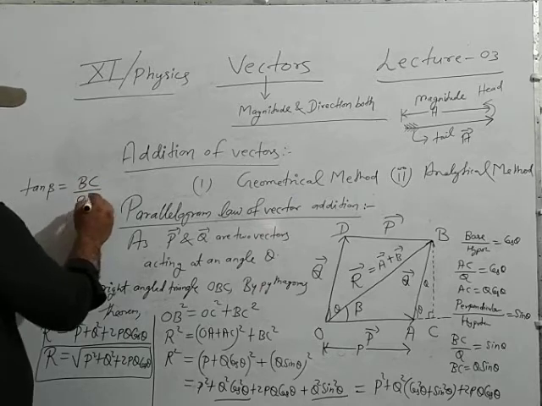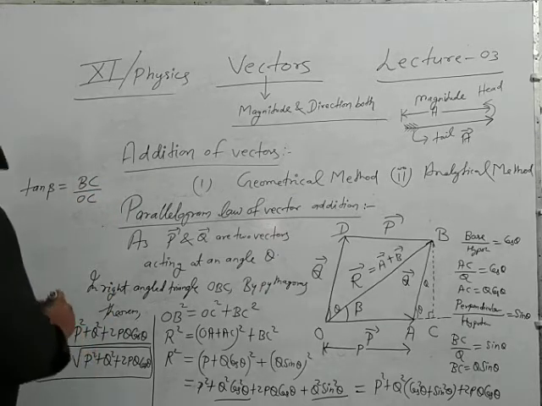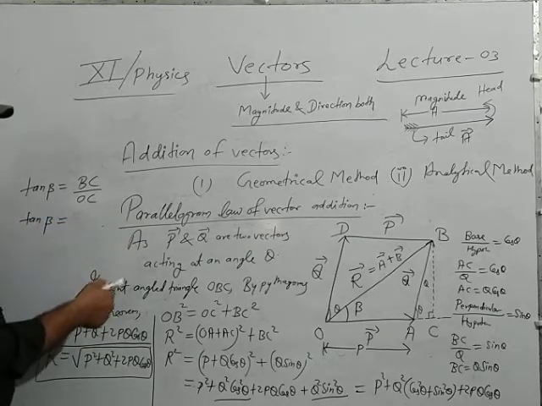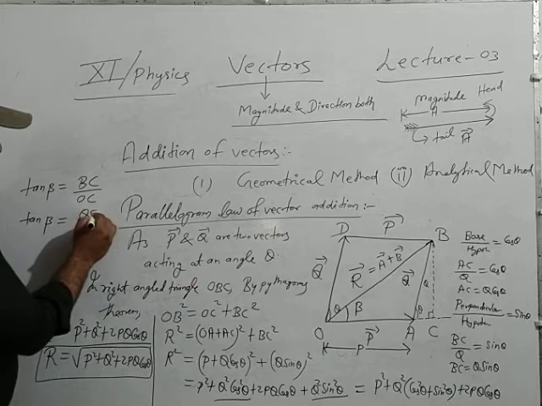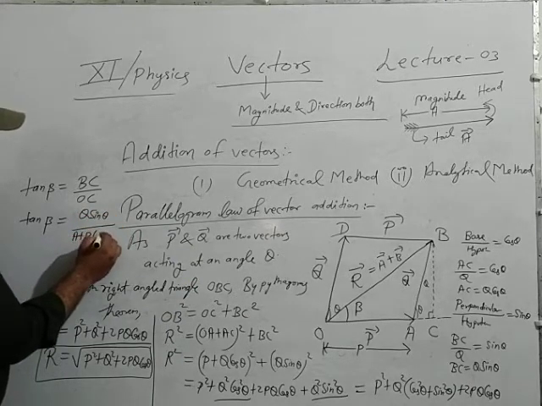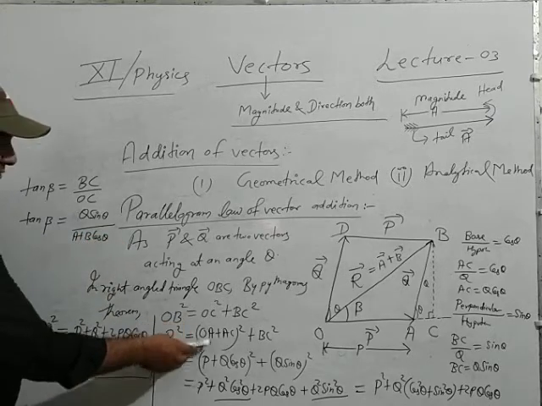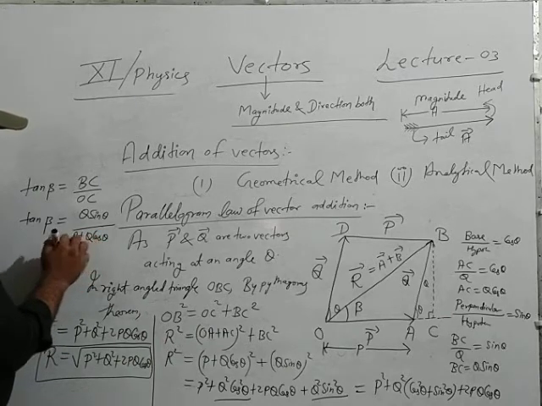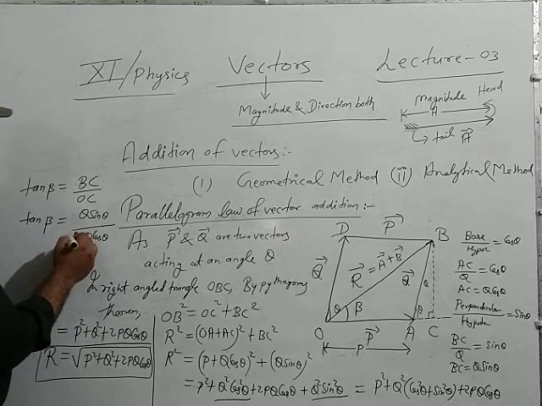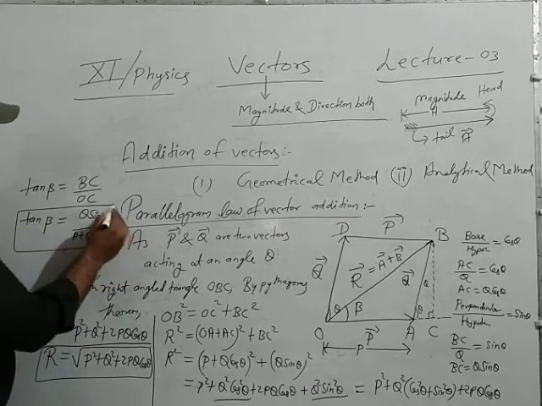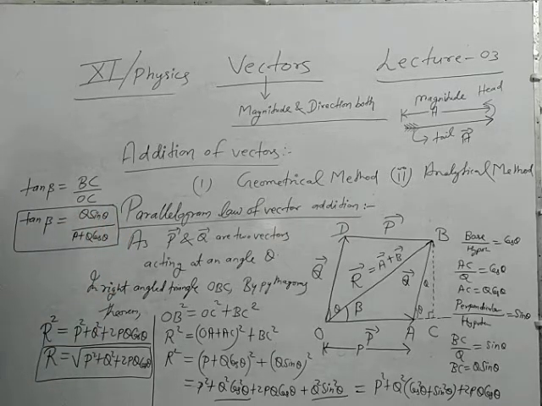BC means Q sin theta upon OC, which here represents P plus Q cos theta. Clear? So tan beta is equal to Q sin theta upon P plus Q cos theta.